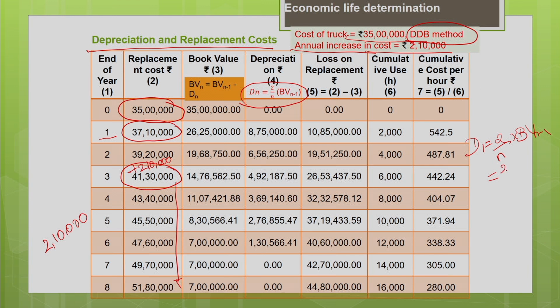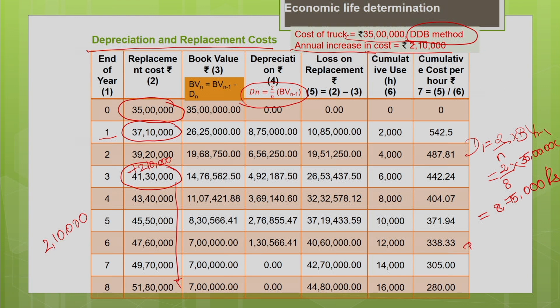So, the useful life of the machine, n, is 8. 2 by 8 multiplied by book value at the end of the previous year. For the first year it should be the initial purchase price, 2 by 8 into 35 lakh. That is nothing but your depreciation, 8,75,000 rupees. So, this is the depreciation for the first year.